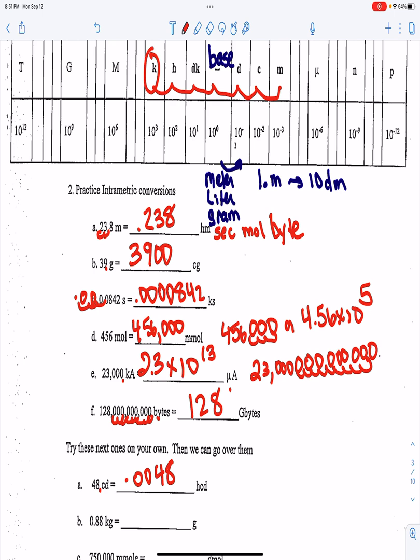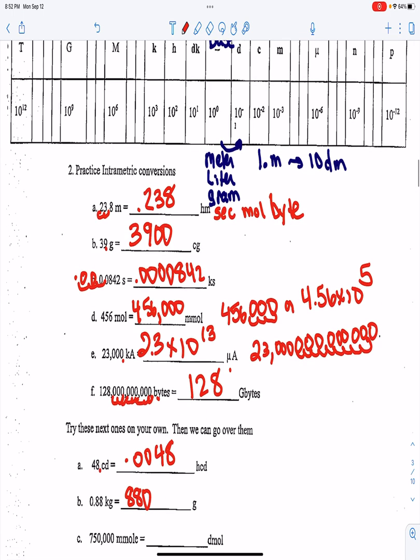So let's look at 88 kilograms. So we're starting at a kilo. Kilograms measure mass, and we're going to a gram. So we're going to go 1, 2, 3, and that means we're going to move 3 places to the right. So 1, 2, 3, 880 grams.